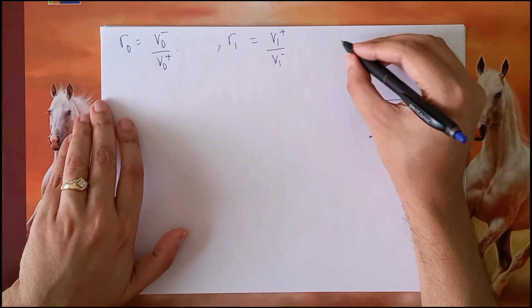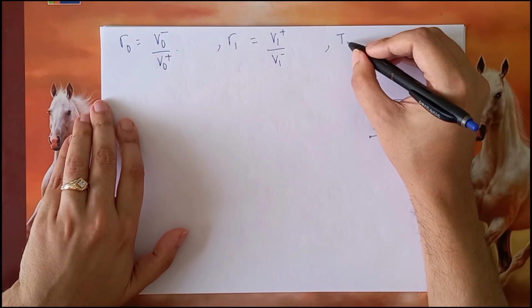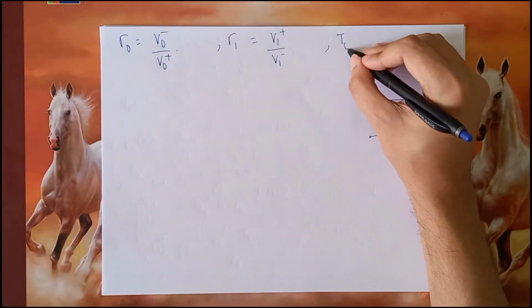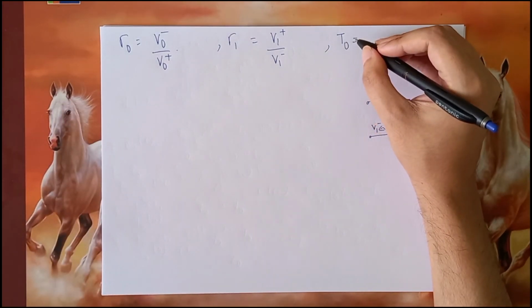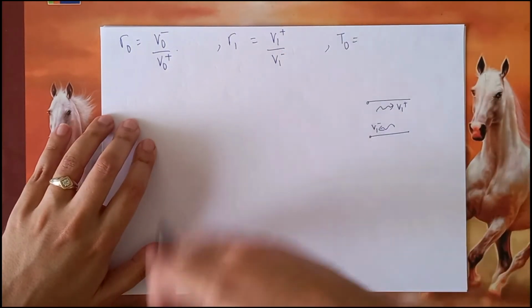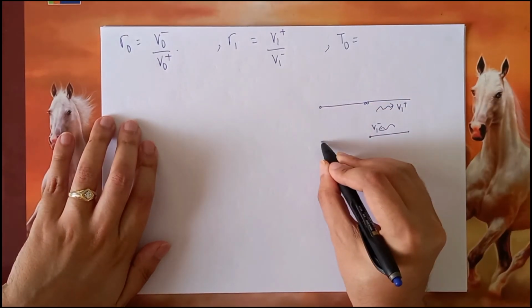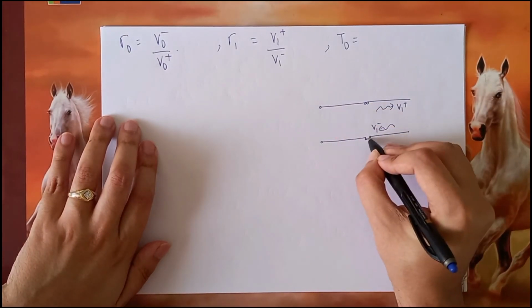Now, what about T1? So, I'm sorry, T0. T0, that's a transmission coefficient when the wave is trying to go from the Z0 line into the Z1 line.